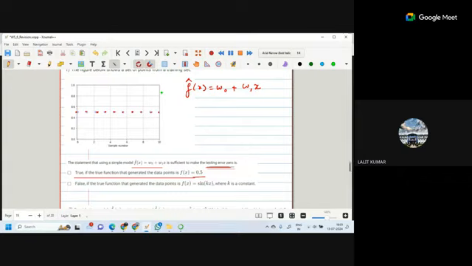So is it true or false? Anyone? This is true. And what is the reason? Because if the generated function is the same as the distribution, then the testing will also lie on this same function, and we can see that it's fx = 0.5.